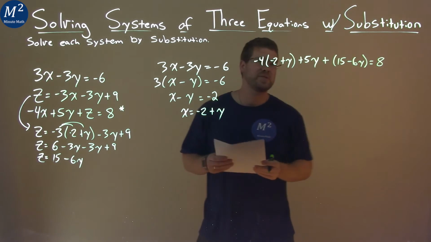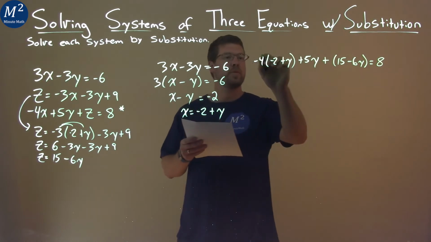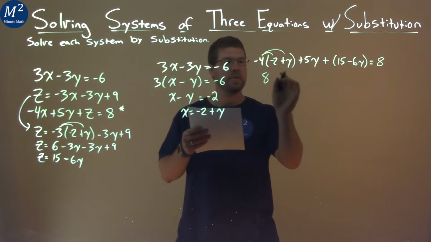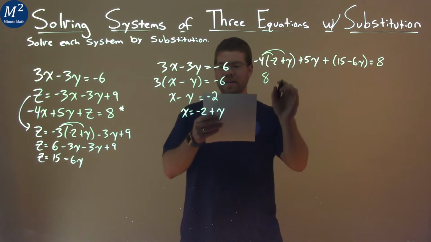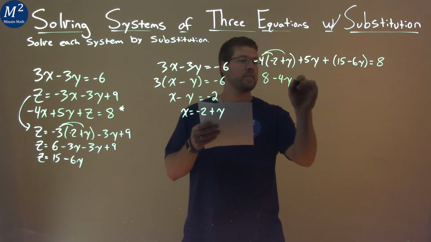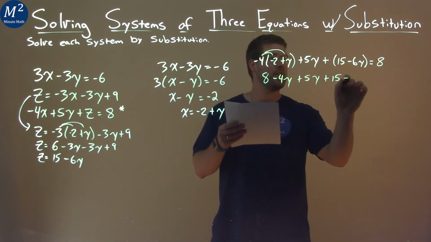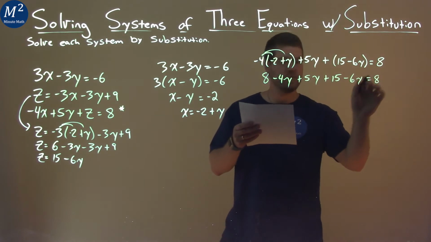From there, we want to simplify. Distribute the negative 4 to both parts, and negative 4 times negative 2 is a positive 8, and negative 4 times y is minus 4y. The 5y comes down, and then we have the 15 and the minus 6y, equals 8.